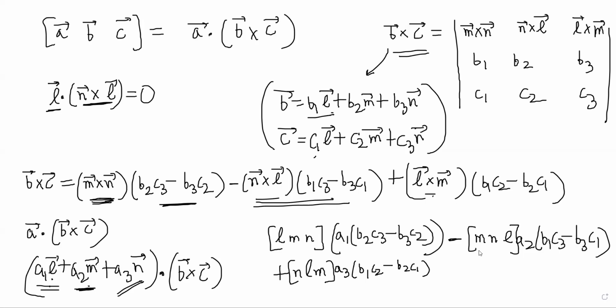So here we can take the L M N box product common. All 3 are actually the same, so we can take it common, and you will end up getting this minus this plus this, which is basically the determinant that I was talking about.